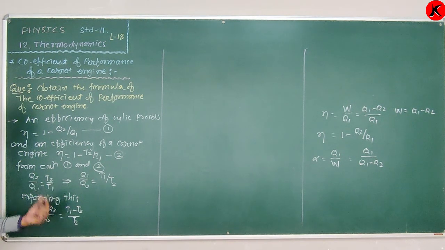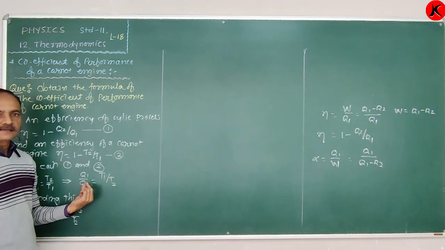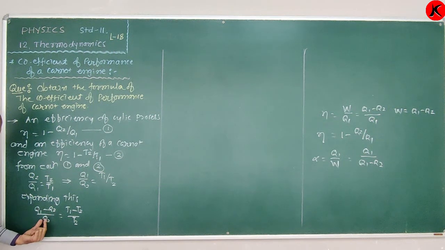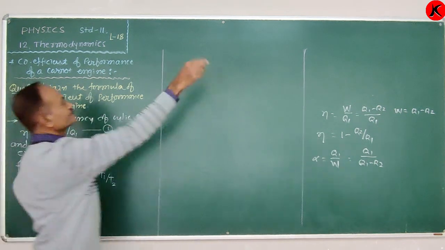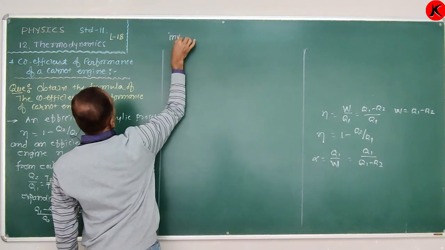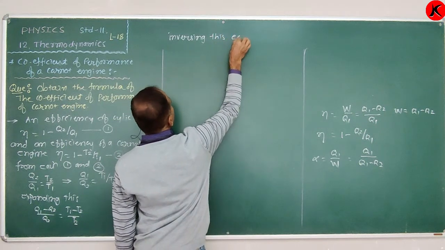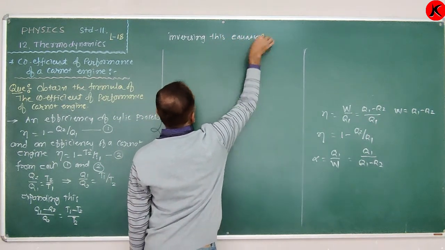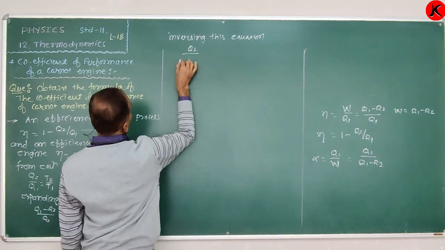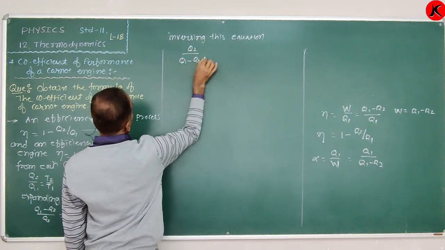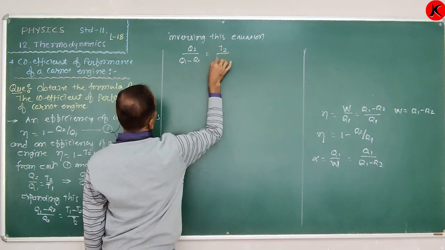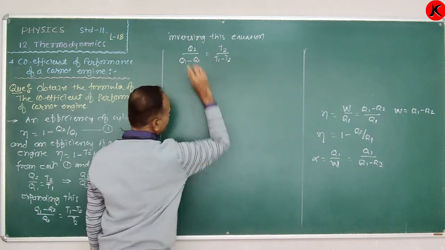As we expand this equation, we take the subtraction of the numerator and denominator on both sides. Now, inverting this equation, we obtain Q2 upon Q1 minus Q2 is equal to T2 upon T1 minus T2.